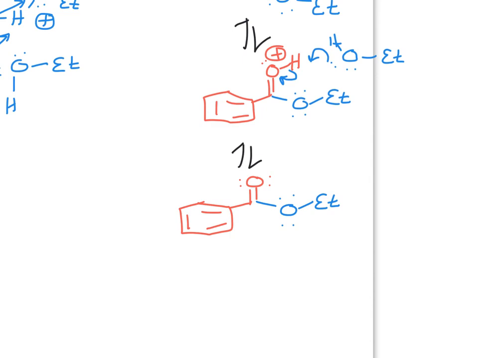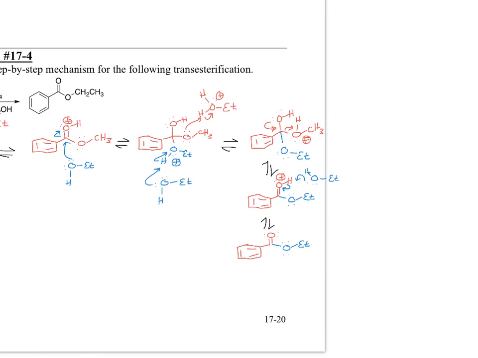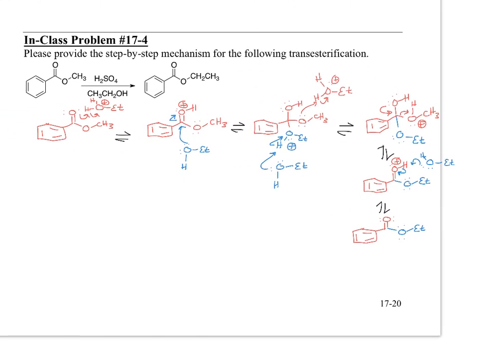Like that. And if we zoom out and take a look at the overall process, we're under acidic conditions. So the first step is going to be protonation of the carbonyl oxygen. That allows then for this carbon of the carbonyl to be much more electrophilic, so our solvent, in this case ethanol, will add. That gives us this tetrahedral intermediate shown here. And at this point we need to go through a proton transfer. Hydrogen off the oxygen of our newly added ethanol needs to be removed.